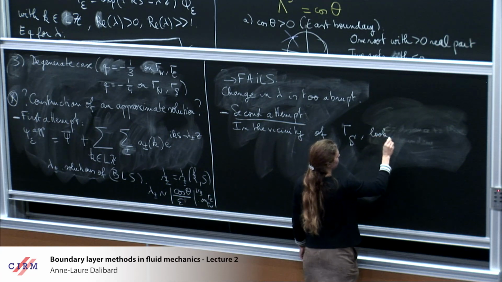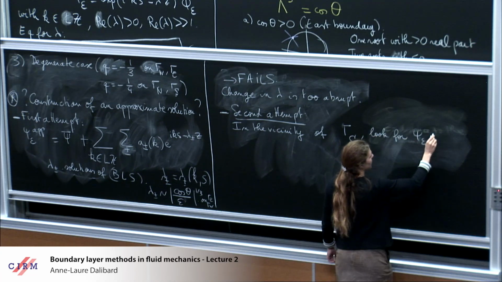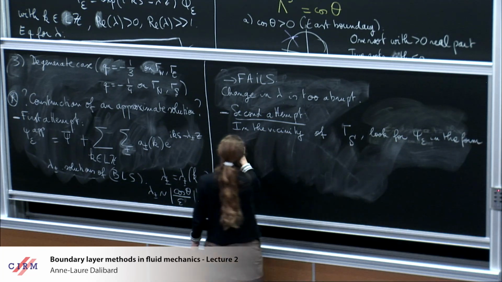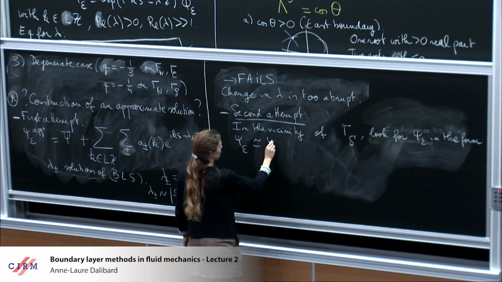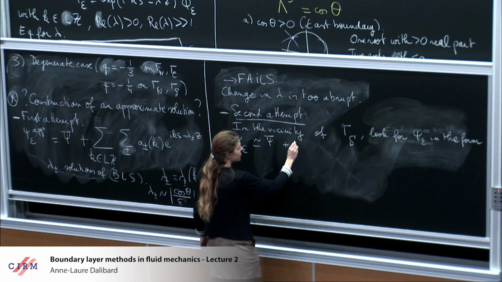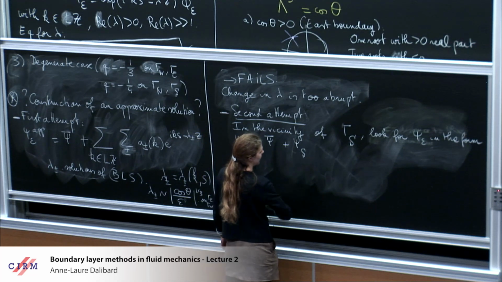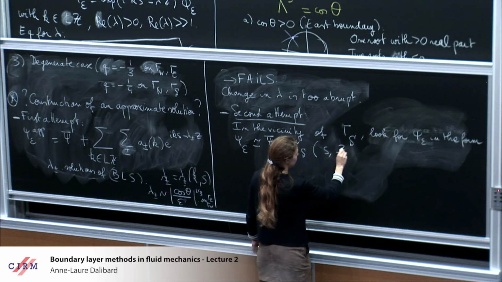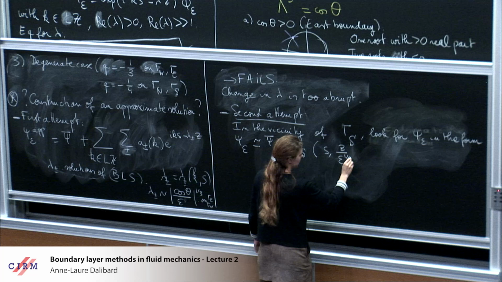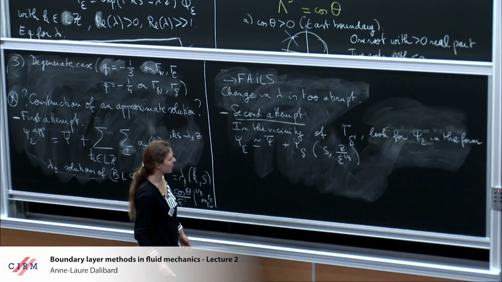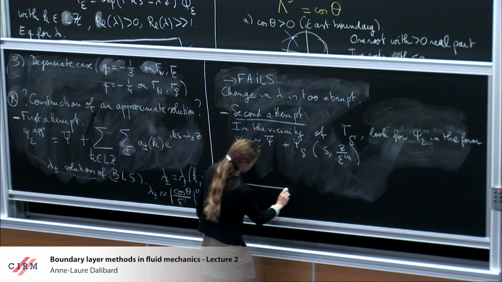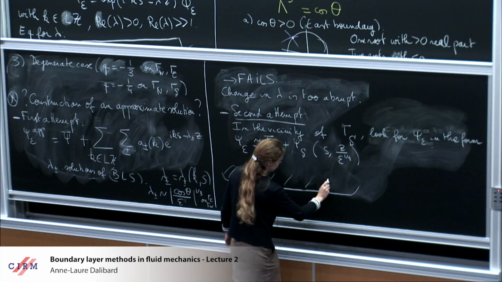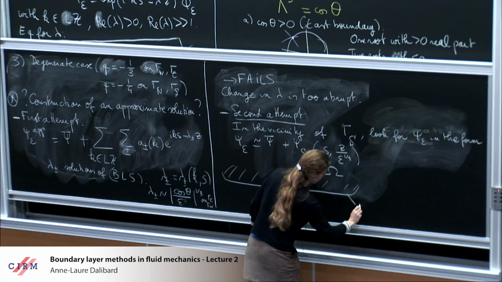You look for psi epsilon in the form psi epsilon equals psi bar plus some function which I will denote by psi s of s and z over epsilon to the 1/4. Again, I have a very flat portion of the boundary that looks like this. This is my domain omega, and this is gamma s.